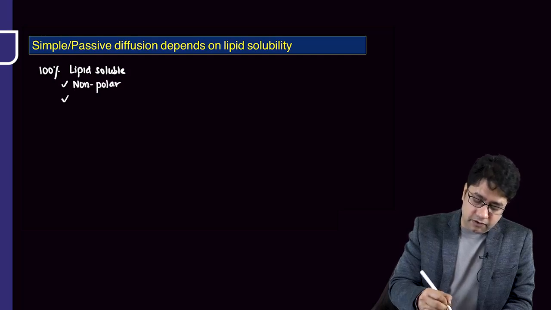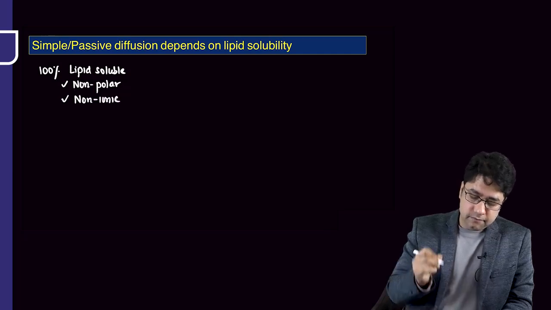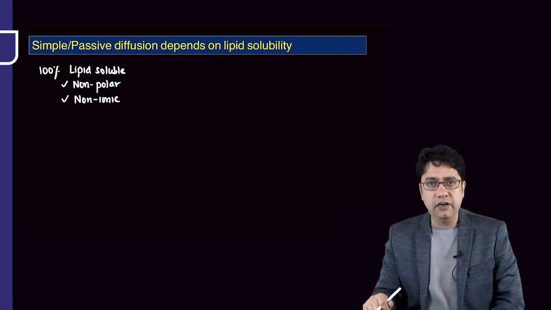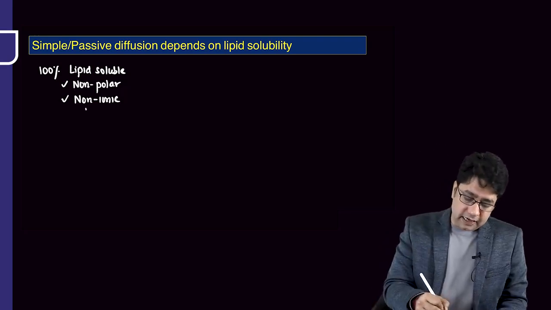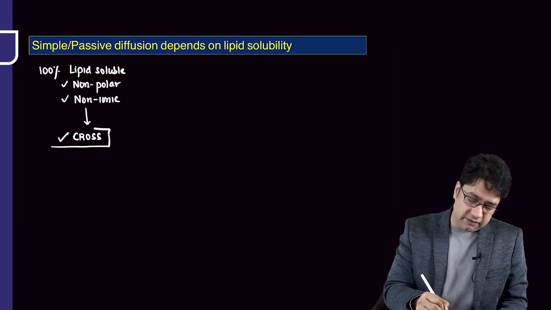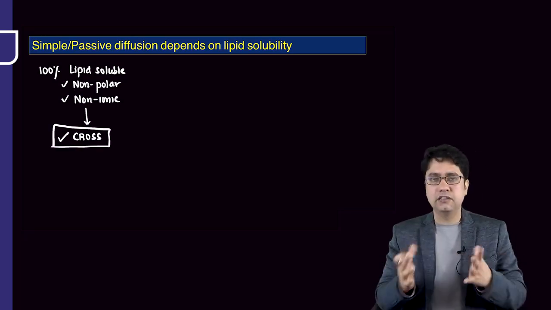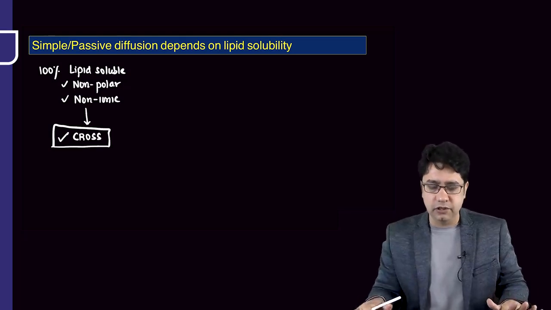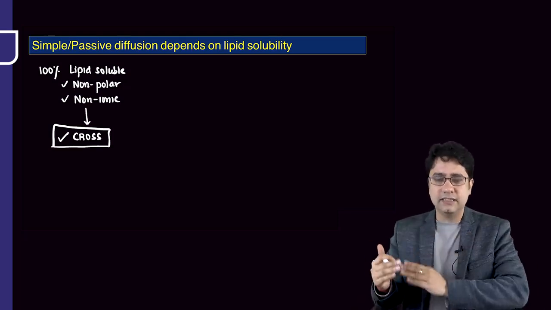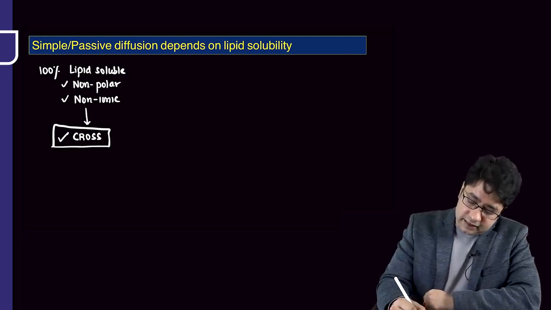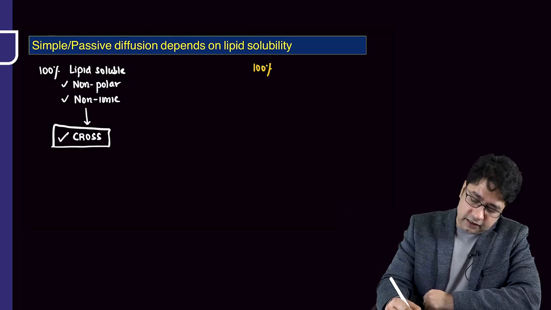And the third name for lipid soluble drugs is non-ionic drugs. So if a drug is 100% lipid soluble, can we say it will easily cross a cell membrane by simple or passive diffusion? And most drugs follow simple or passive diffusion. Now, on the other side, if I say there is a drug which is 100% water soluble.